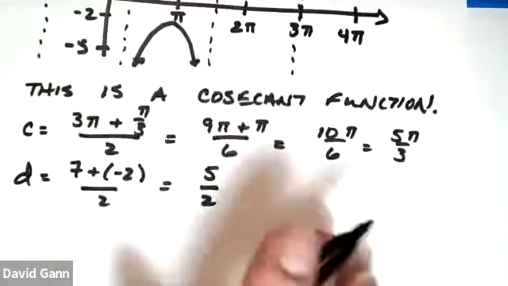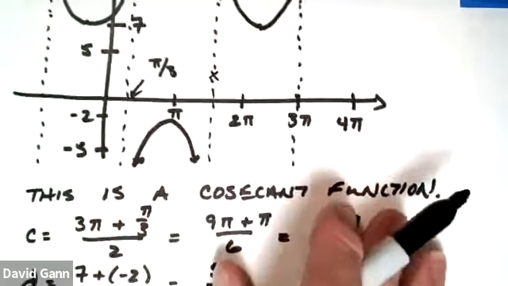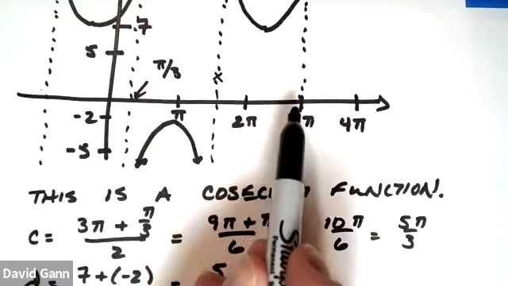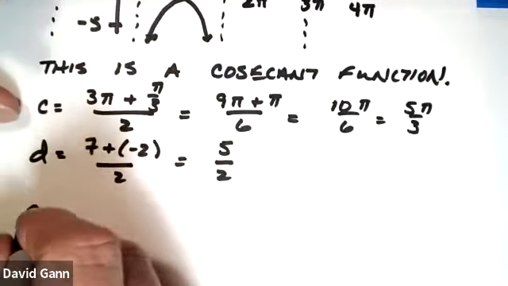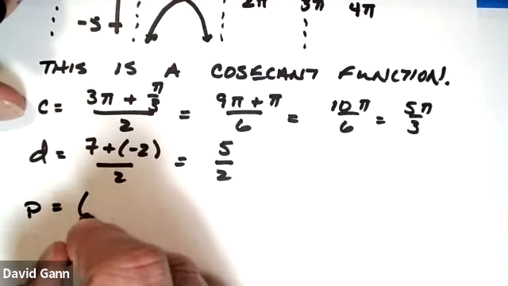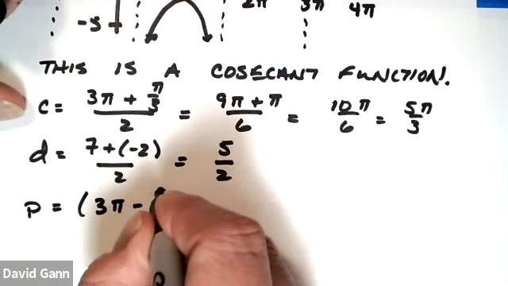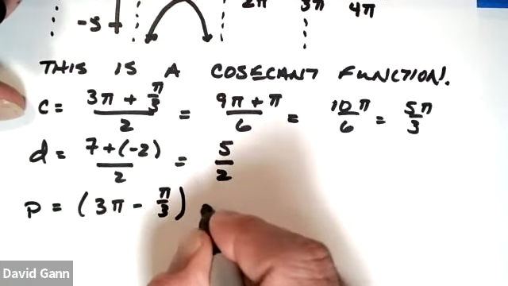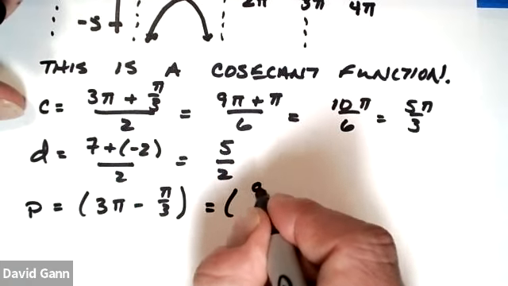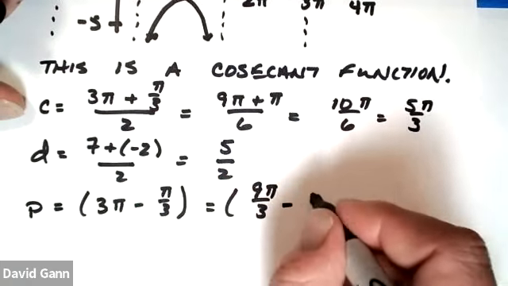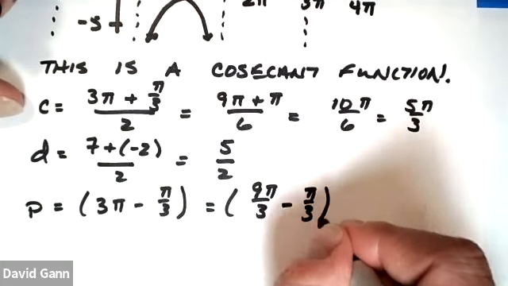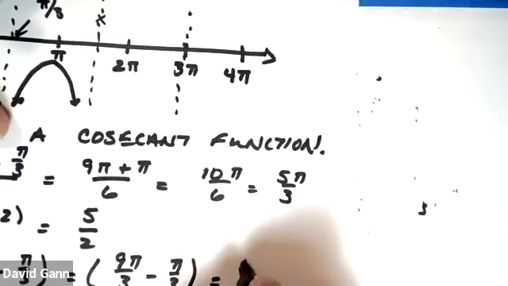What about the B value? Well, the B value is going to be based on the period, and the period is the distance between these 2 points. So let me start by writing the period is 3 pi minus pi over 3, which is equal to 9 pi over 3 minus pi over 3, which will be 8 pi over 3.